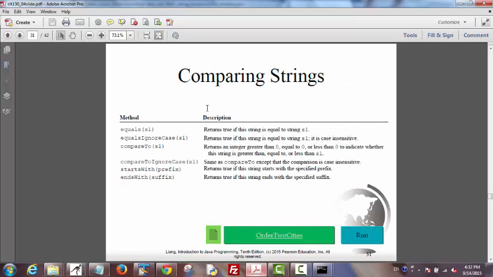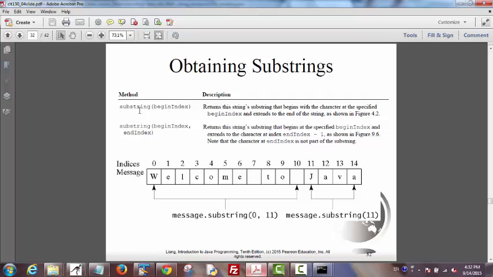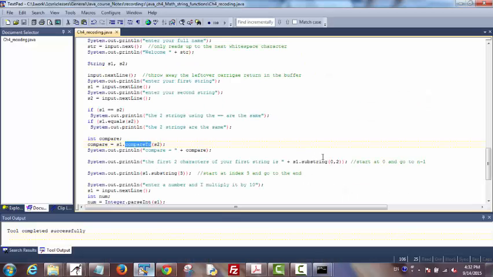And let's see, I want to get to substring. Okay, so it says substring begin index to end index. So let's go back to my program. I have substring 0, 2. It means look at the string, start at 0, and go up to this character minus 1.